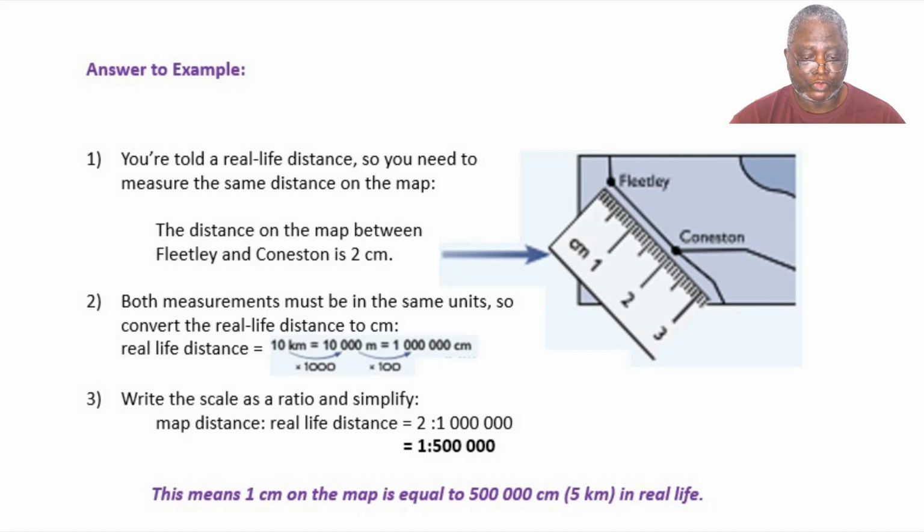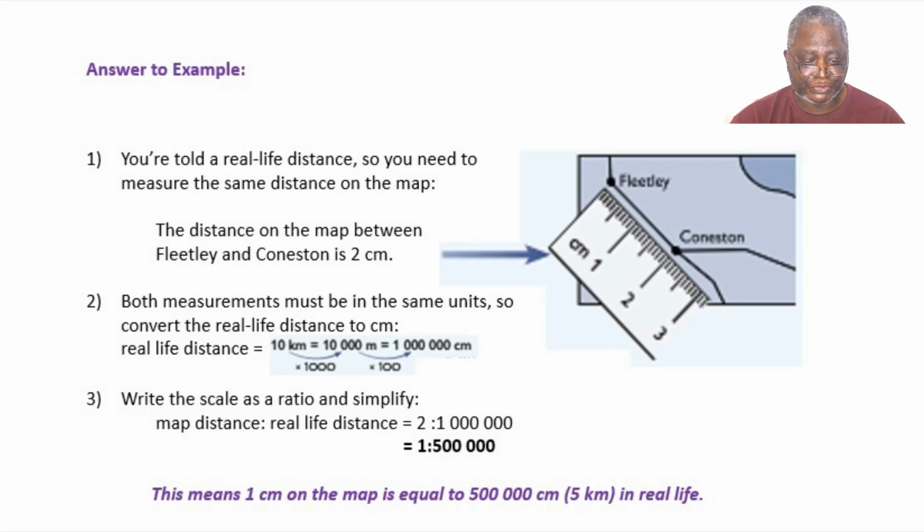And then you convert the 10,000 meters by multiplying by another 100, and you'll have 1,000,000 centimeters. So 10 kilometers have been converted, first to meters, and then from meters to centimeters. Write the scale as a ratio and simplify.